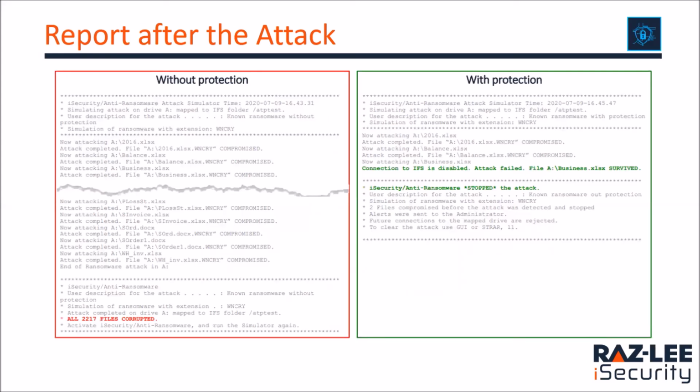And the results speak for themselves. You can find all the files corrupted, or disable the connection to the IFS and the attack failed. It's totally different without an anti-ransomware than with an anti-ransomware.